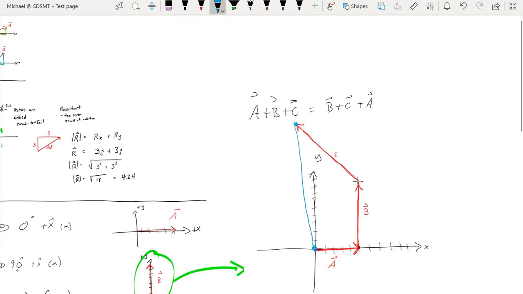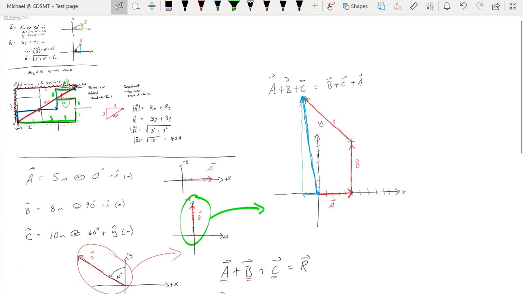My drawing would suggest that the resultant vector is a quadrant 2 vector, because I have a small x component that looks like it's pointing in the negative, and I have a very large y component that looks like it's pointing positive. Now that could very likely be true, but I don't know for sure yet.